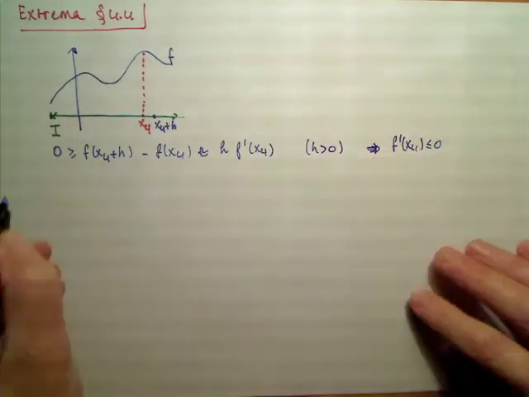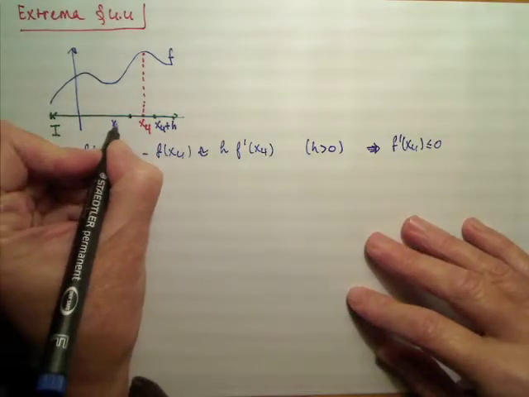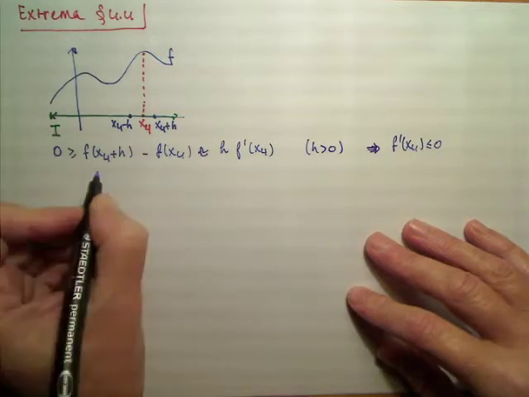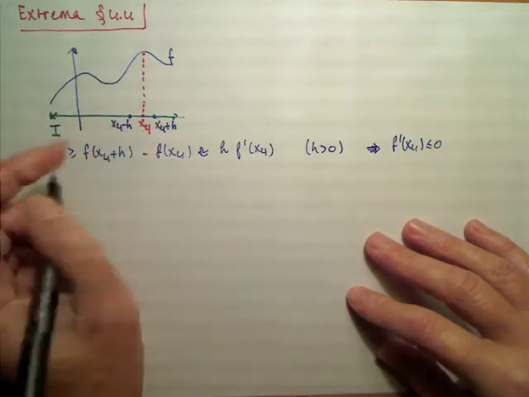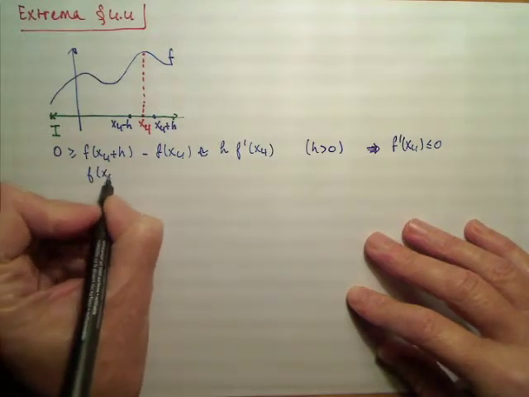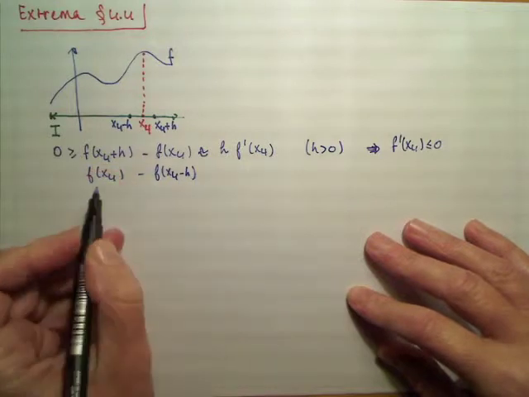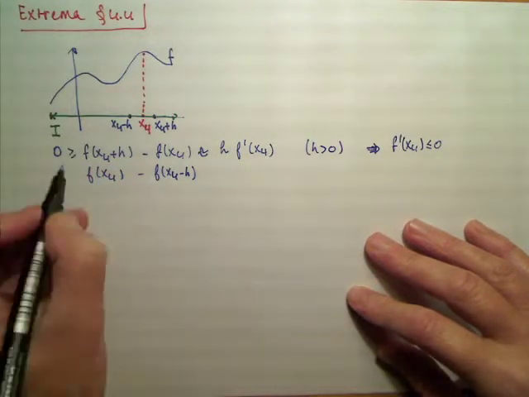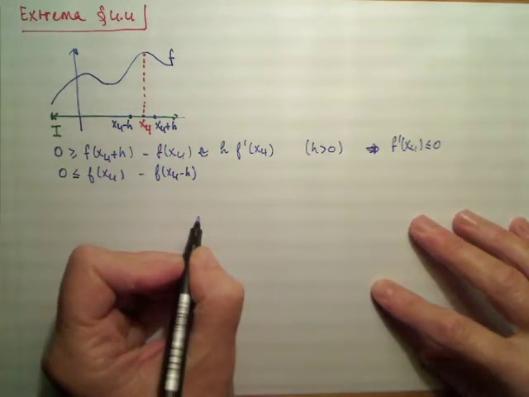We can also look at the point to the left of x4, so x4 minus h, and if we compare these two values, then the value at x4 is greater or equal to the value at the point to the left of x4, and so this is greater or equal to that, so it is greater or equal to 0.